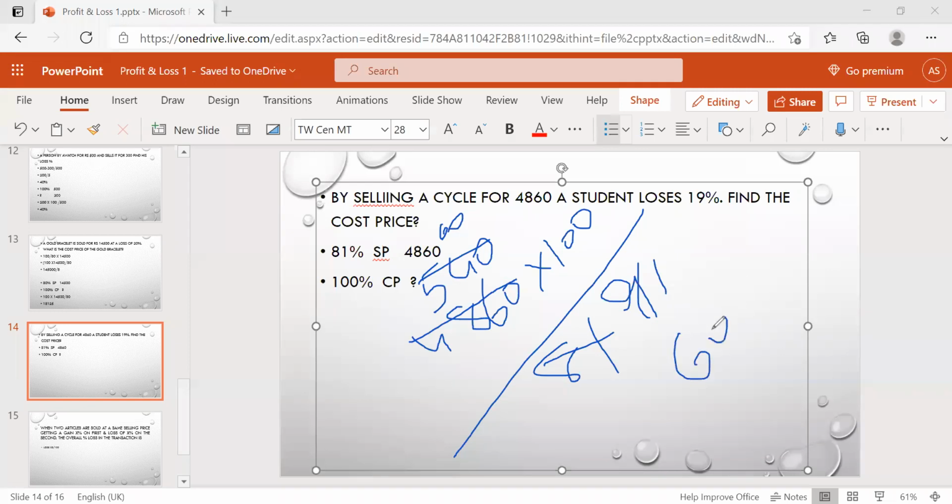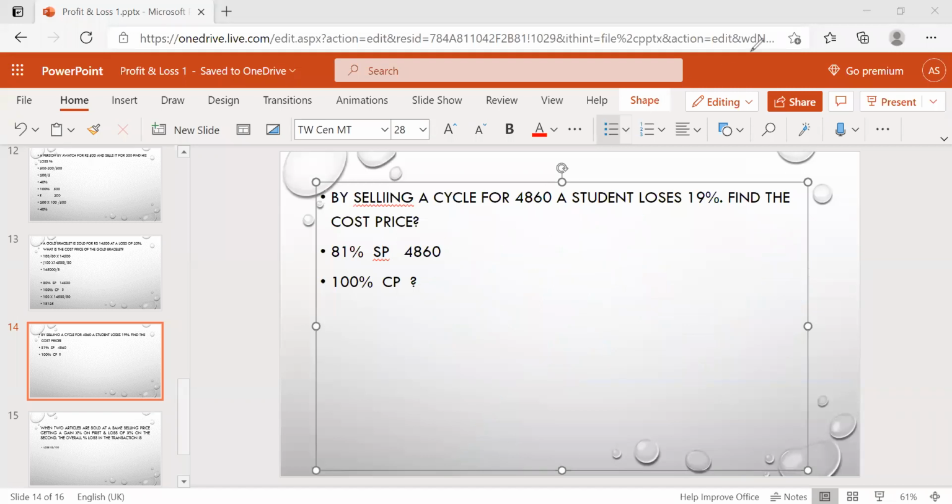So 6,000 we get. Right? So 6,000 is the cost price. So whatever they gave, either cost price or selling price, if you know the percentage of profit or percentage of loss, then you can calculate the cost price or selling price.